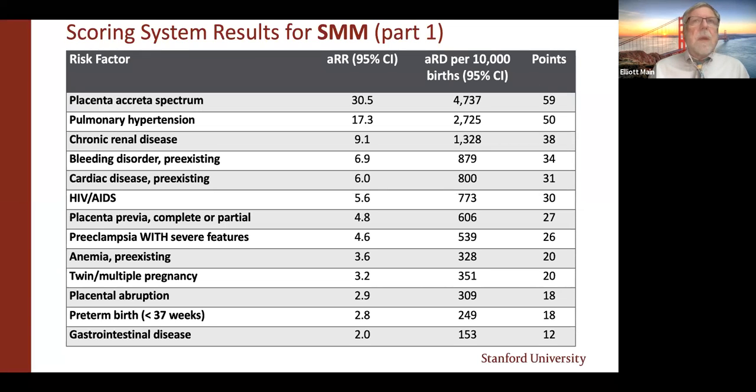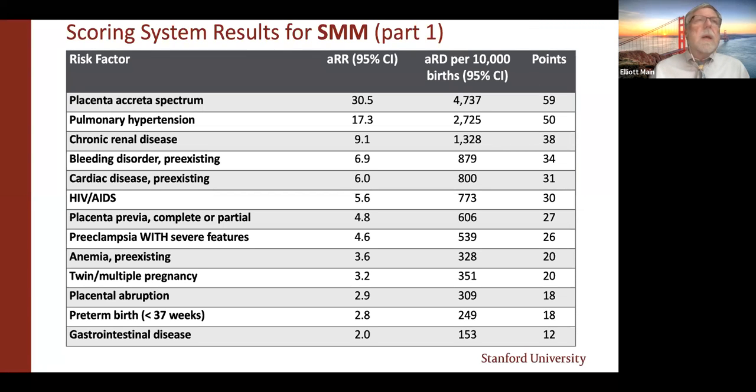But you see pulmonary hypertension, which is actually one of the strongest risks for maternal mortality, is a 17-fold higher risk for severe maternal morbidity, and down the list. Previa is almost 5 times the risk. Pre-existing anemia gives you 3.5-fold higher risk. So that's, again, cropping up. Prematurity, 2.8 times the risk of severe maternal morbidity.